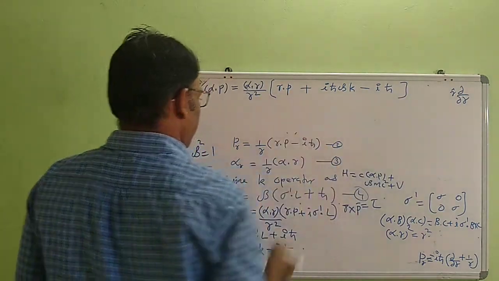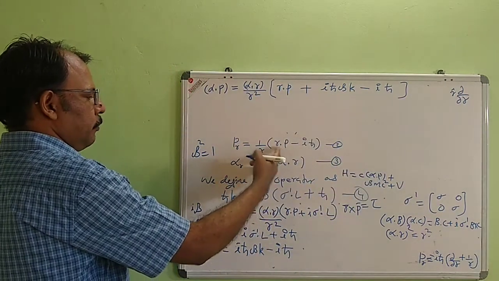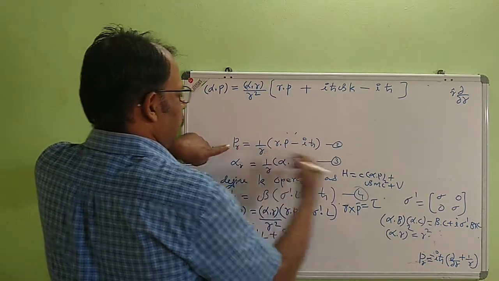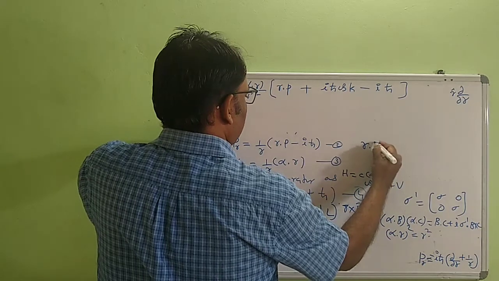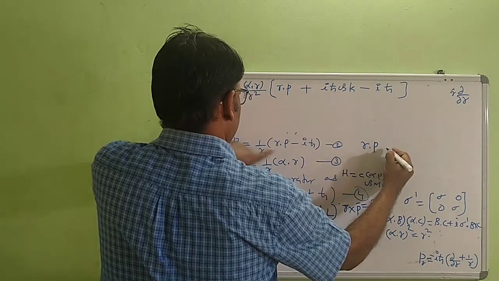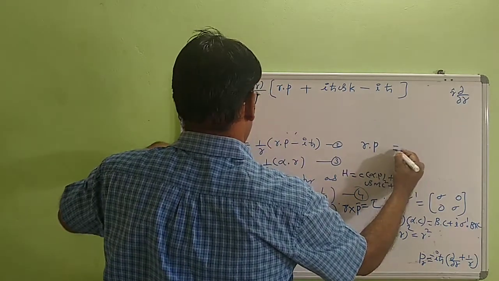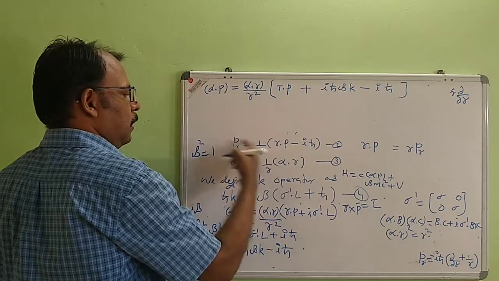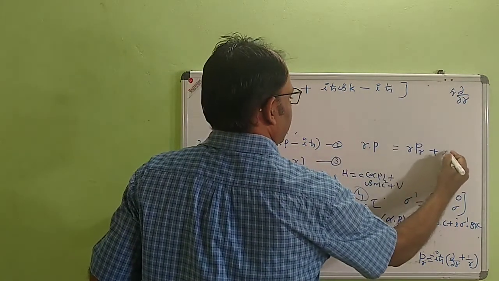Now R dot P, you find an equation from equation 2. From equation 2, taking R to the left hand side, R dot P minus i h bar equal to RPR, or R dot P equal to RPR plus i h bar.